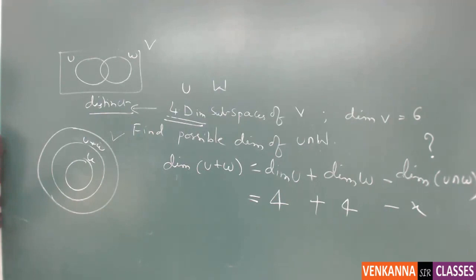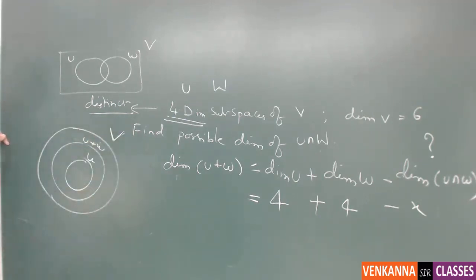So what happens if you consider the sum of the spaces U plus W, that is always bigger than U. If there is a possibility that U and W are same, then U plus W also has same dimension 4. If you understand that U is a subset of W, in that case U plus W is nothing but W. But he has mentioned that U and W both are different, distinct subspaces. So obviously this could be the hierarchy.